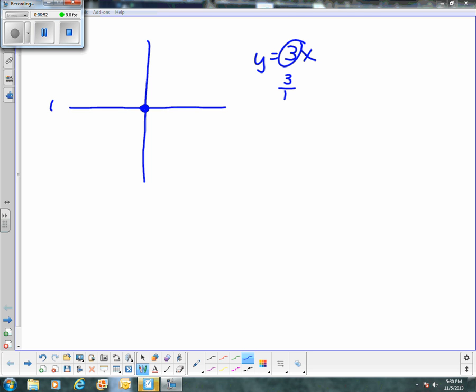Plot at the origin, and now we're going to go rise over run. So up 3, 1, 2, 3 over 1. Down 3, 1, 2, 3 over 1. And there would be your line.